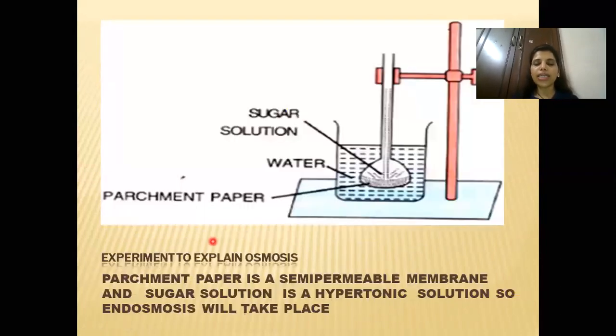Now here there are certain experiments which explain osmosis. So here you can see parchment paper, which is shown over here. This is a semi-permeable membrane. This is a thistle funnel, and in the thistle funnel there is a sugar solution, and it is placed in plain water. The beaker outside has plain water. So if this is plain water which is placed outside, children, what do you think, which type of solution is the thistle funnel placed in?